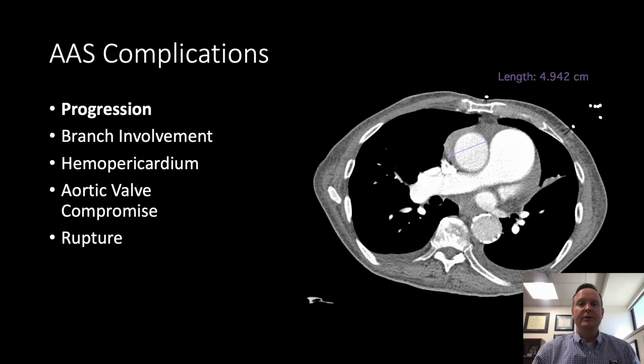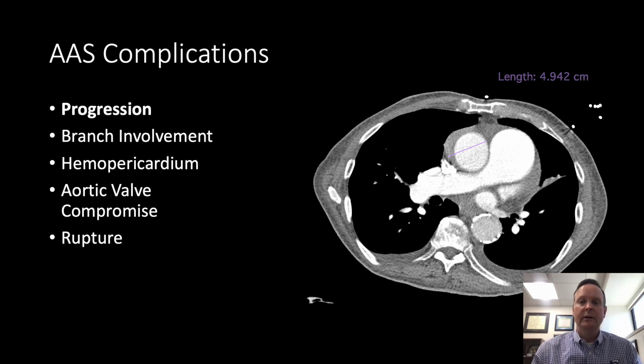So what are the complications that can be associated with acute aortic syndrome? First is that you will watch these abnormalities over time and see if they progress. In this example, we have a small intramural hematoma adjacent to the ascending aorta, and overall that entire aortic diameter, to include the intramural hematoma, measures 4.9 centimeters.